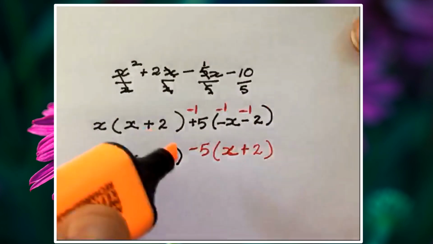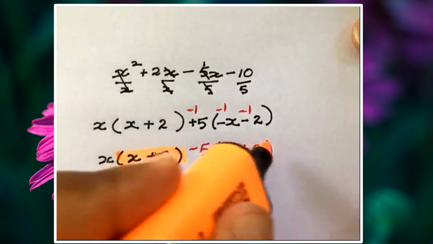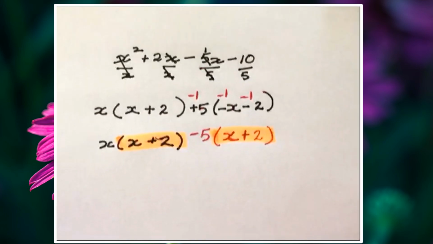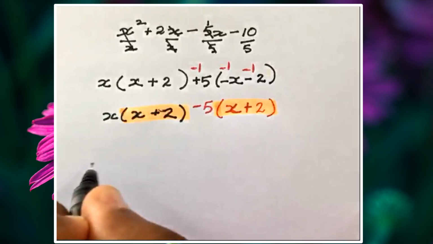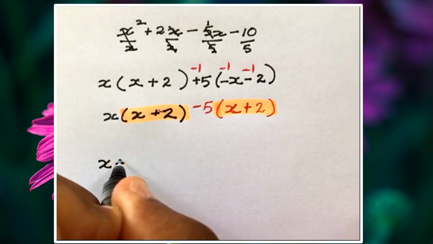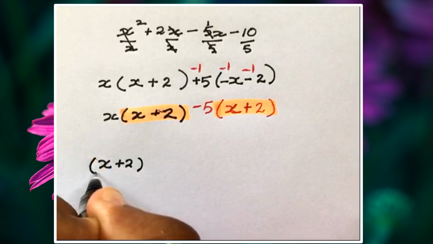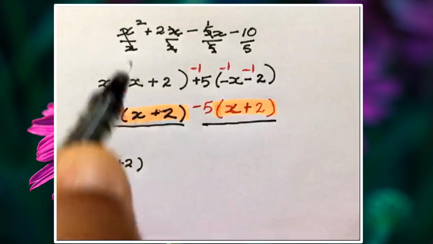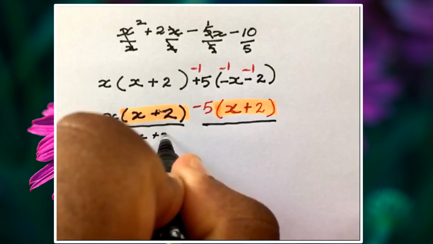So by grouping, I can factorize these two brackets or these two parts of the expression and make it a little simpler. So the brackets are common, so I'm going to pull out those brackets, x plus 2, and then I'm going to divide both of these terms by the bracket x plus 2.